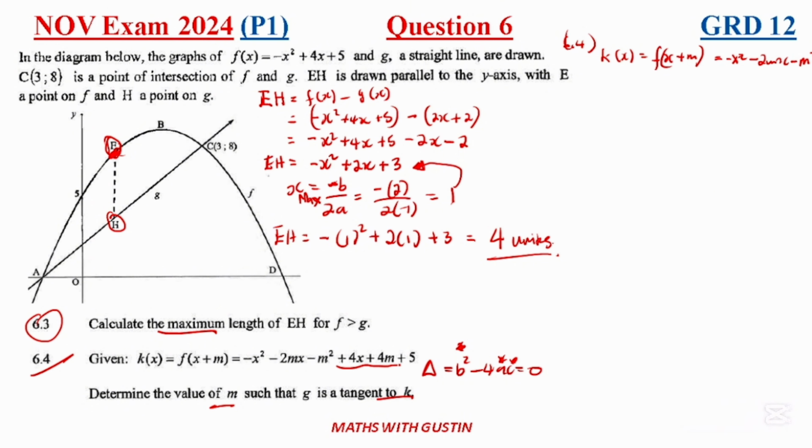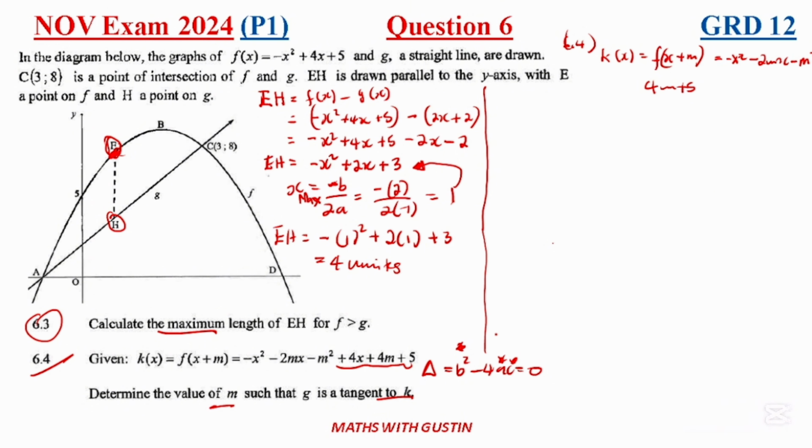I'm just copying this down, guys. Let me just remove this out of the way here. You already know that EH is equal to 4 units.